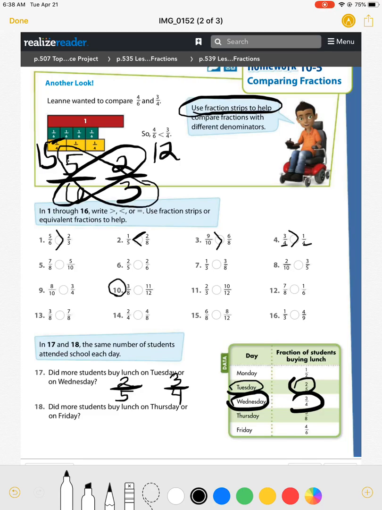So 2/5, this is just a little bit less than half. So this is going to be a little bit closer to 0, but 3/4, we only need 1 more fourth to make 1 whole. So I know 3/4 is closer to 1 whole, and 2/5, that's closer to 0. So our bigger fraction is going to be 3/4, which would be on Wednesday.